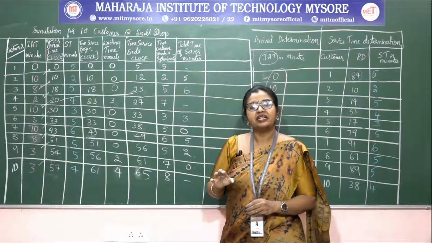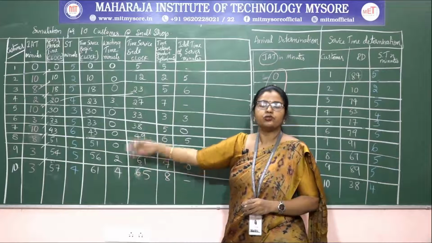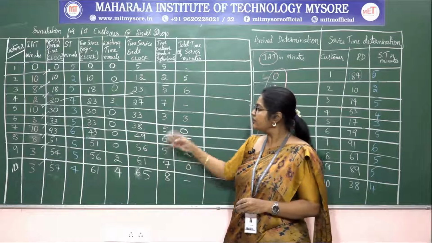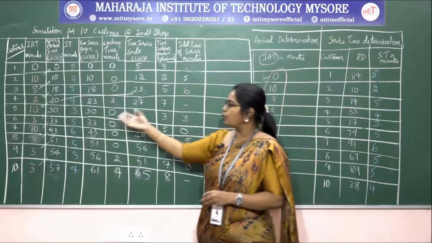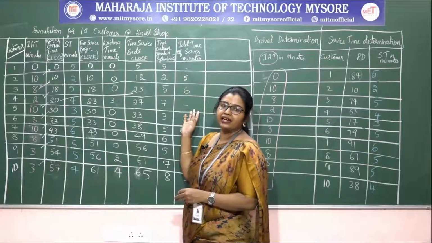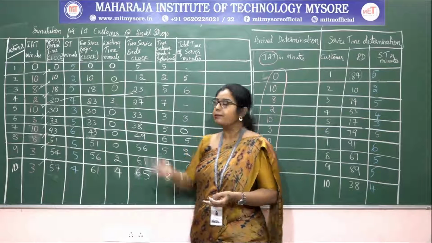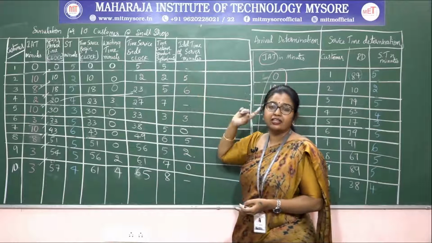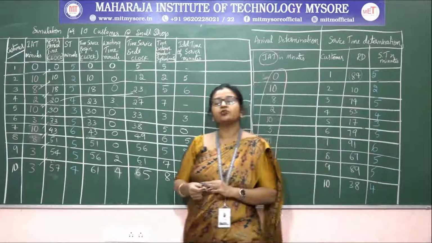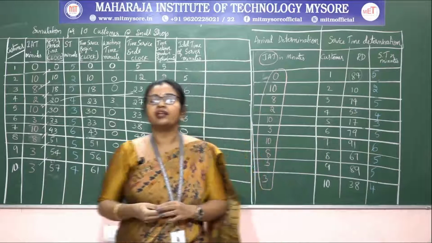Otherwise, sometimes you come late, the server is idle, and you can directly take the service, but then the server idle time has to be recorded. Now, based on these columns and the questions asked, we can calculate.